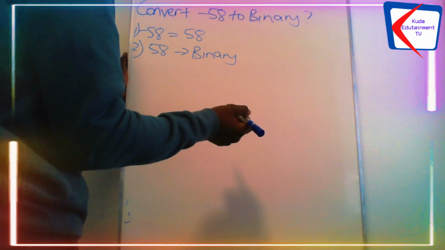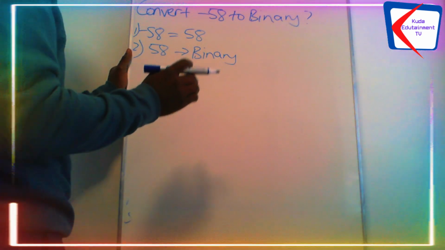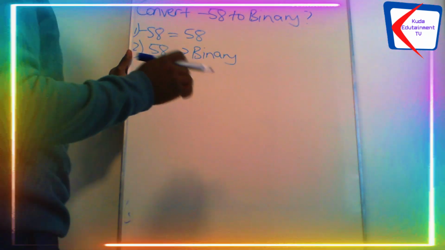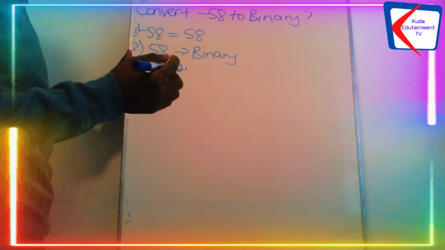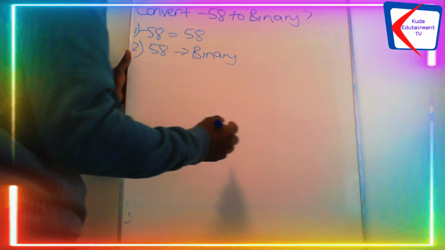With an 8-bit, the largest unit on the left is 128. As I've been telling you, you need to start from the right to left.